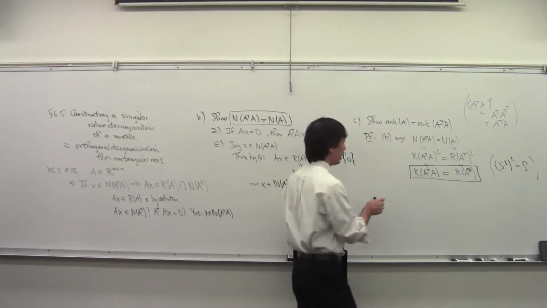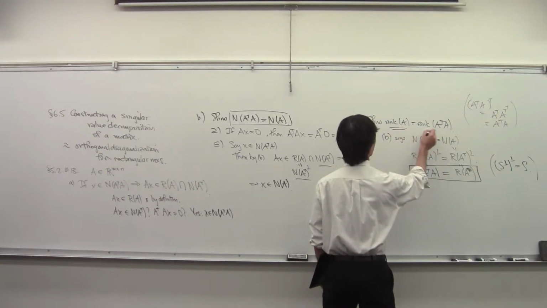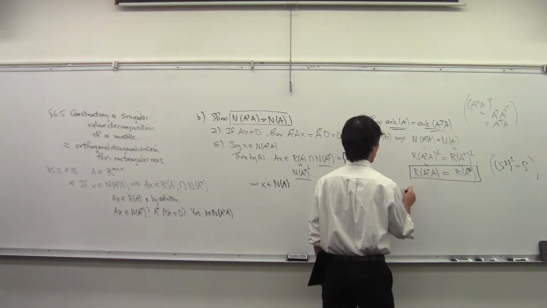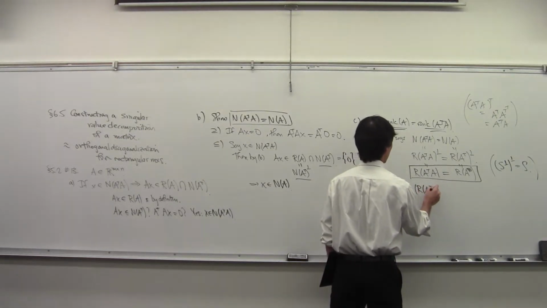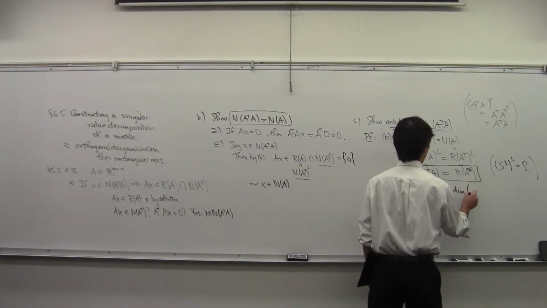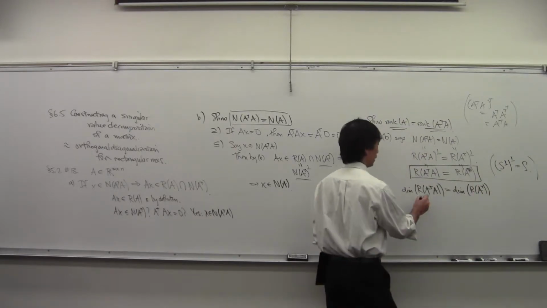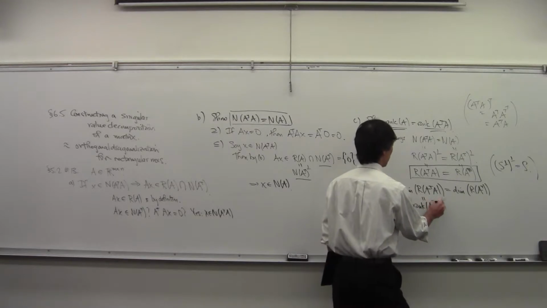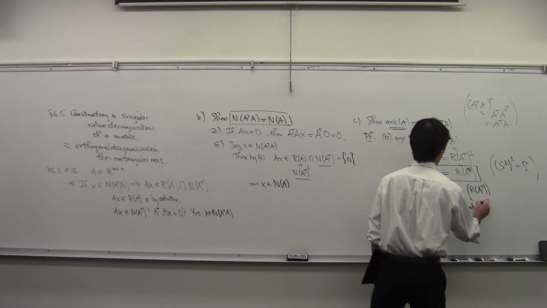But that means that the dimension of the range of ATA and the dimension of the range of AT are the same. So this is the rank of ATA, and this is the rank of AT.